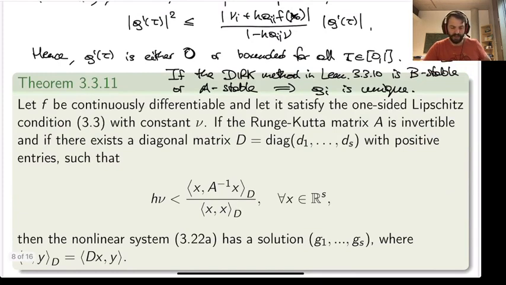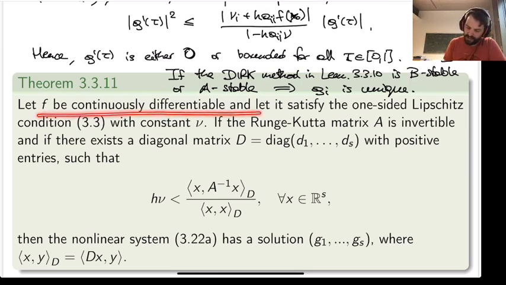But I'm going to quote without proof a more general result, namely theorem 3.3.11 here. Let f be continuously differentiable again in the second argument, and let it satisfy the one-sided Lipschitz condition 3.3 with constant nu again.